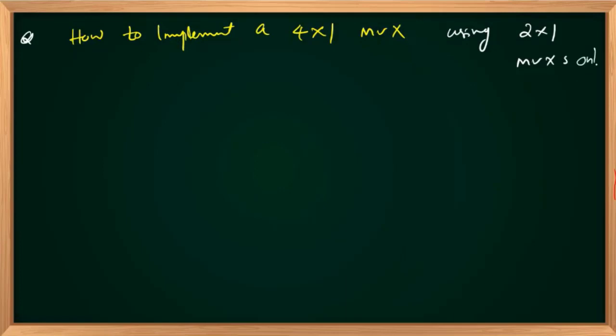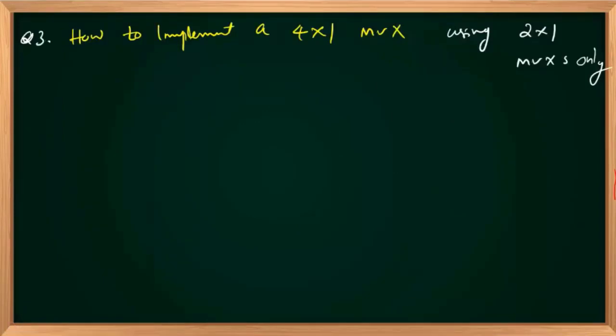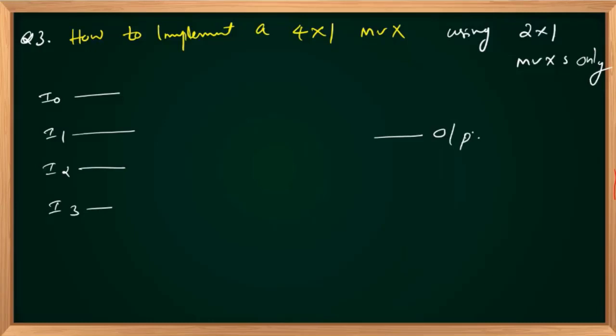How to implement a 4 by 1 mux using 2 by 1 muxes only. Or how many 2 by 1 muxes are required to implement a 4 by 1 mux? And that is my question number 3. Right? It's very simple. A 4 by 1 mux should have 4 inputs: I0, I1, I2, and I3, like this. And that 4 by 1 mux should have only one output. Right?